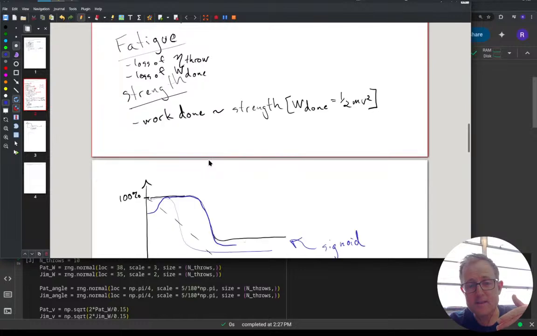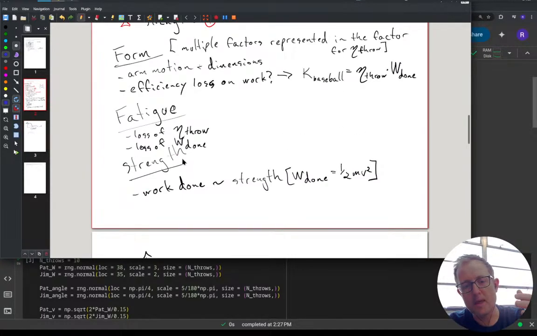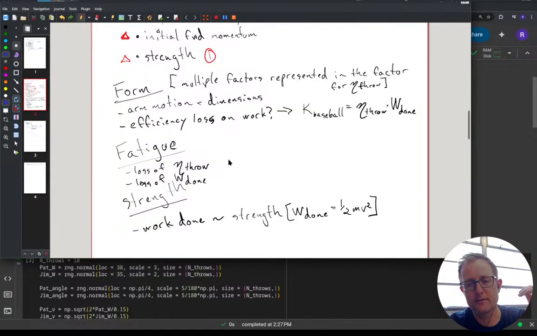But one of the things we came up with was, all right, maybe there's some kind of loss in how a baseball gets thrown. So I do a certain amount of work to get the baseball to throw, and now there's some losses in the work to throwing efficiency. So maybe that would be our form: I did work and the actual 1/2 mv squared is some percent of that.